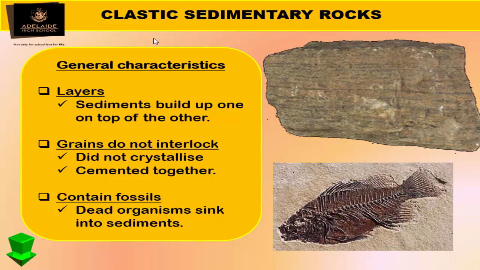Because of that, it will deposit or sink into the sediments, and that's why sometimes you might get fossils in sedimentary rocks, clastic ones especially. But as I say, whenever we label the points, these are arranged by importance. The first one is the most important, second most important, and of course, least important. And that is when I say containing fossils, not really much. It's a may or may not. We will see fossils more in organic and also chemical rocks, not so much in clastic, but not too often as well.